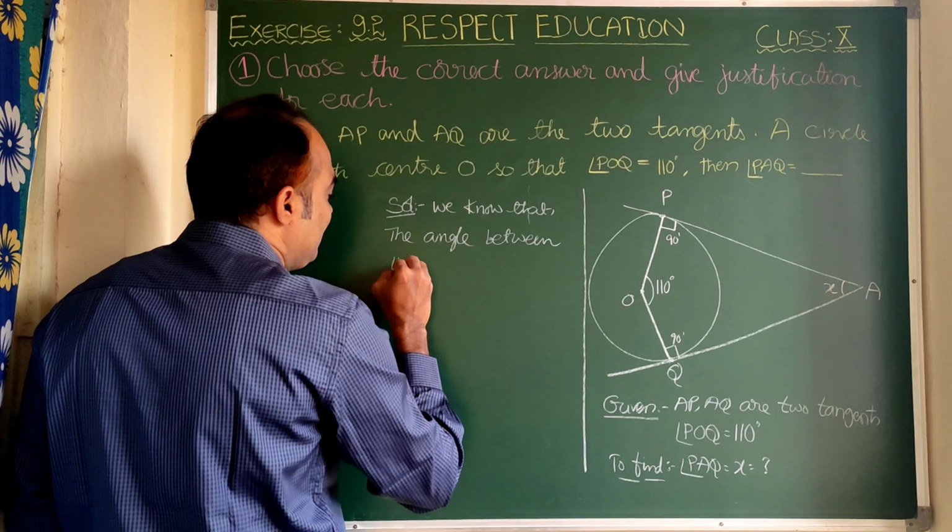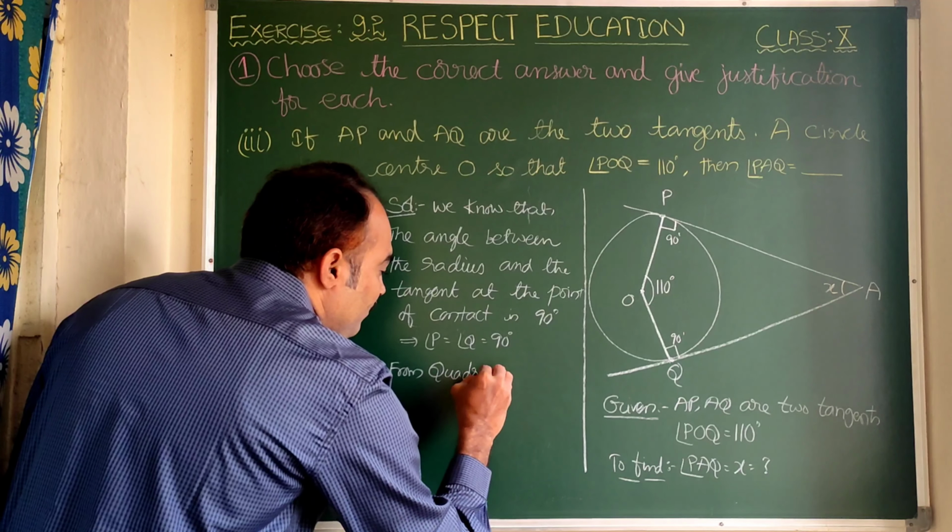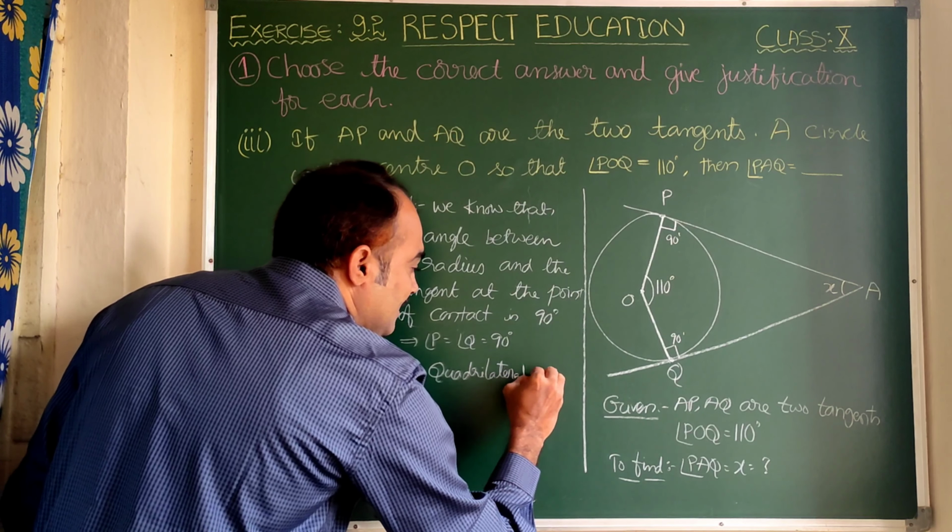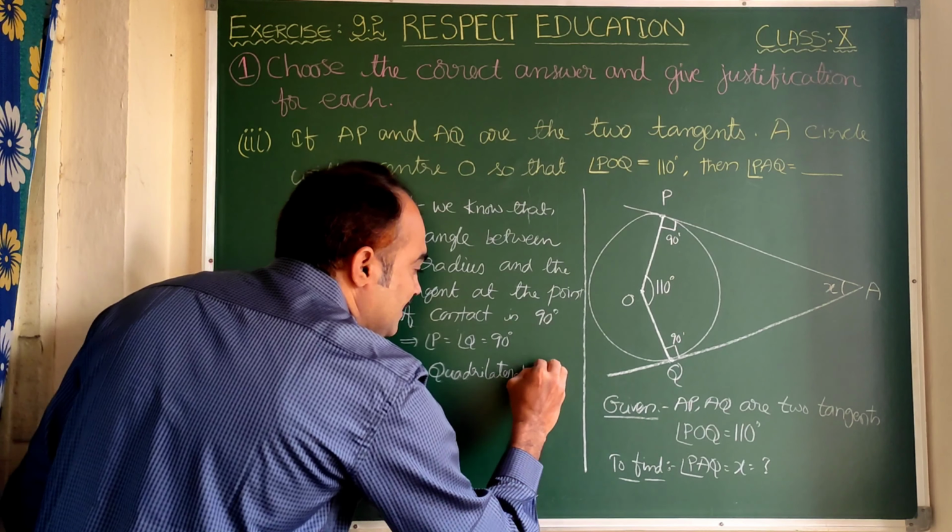Now here you observe A, P, O, Q. It is a quadrilateral. So from quadrilateral APOQ, as we know, there is angle sum property. Sum of all the angles is 360 degrees. So angle A plus angle P plus angle O plus angle Q is 360 degrees.